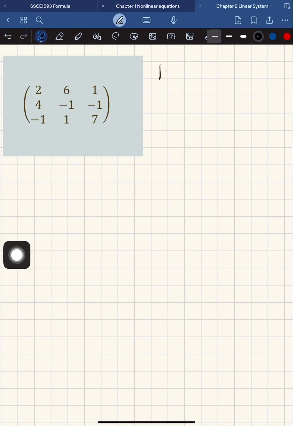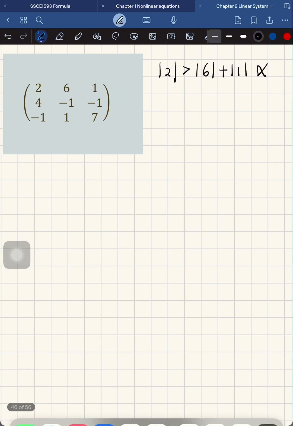Actually, I can see that the first one is not satisfied because 2, 6 plus 1. So it's not satisfied. What you need to do is rearrange so that it satisfies the condition. I can see this one is maximum.